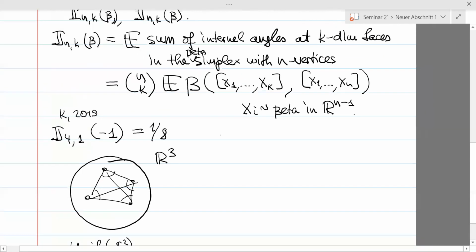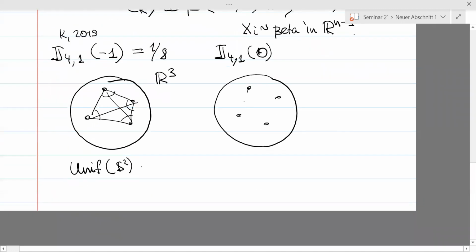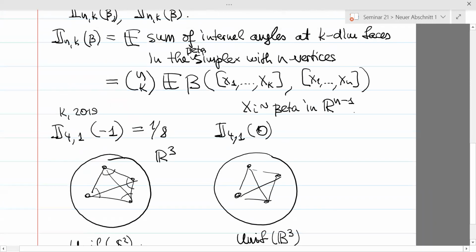Similarly, J_{4,1}(0), which means that the points are distributed again in the 3-dimensional space, 4 points, but now they are uniformly distributed in the ball. And for this, the result looks as follows. It is some nice number, (pi squared minus 1)/8.